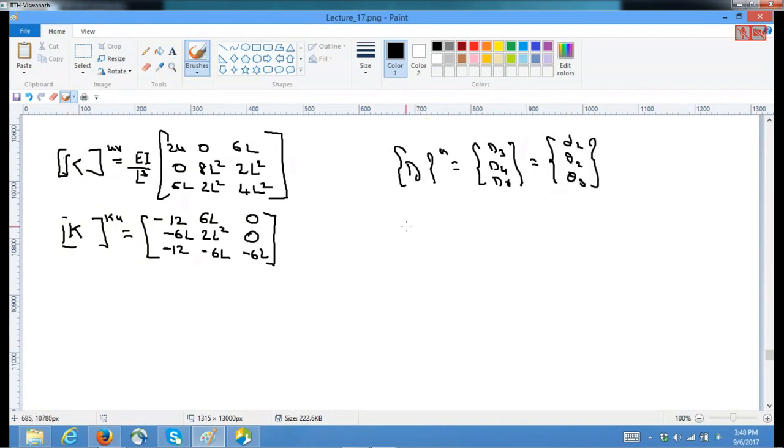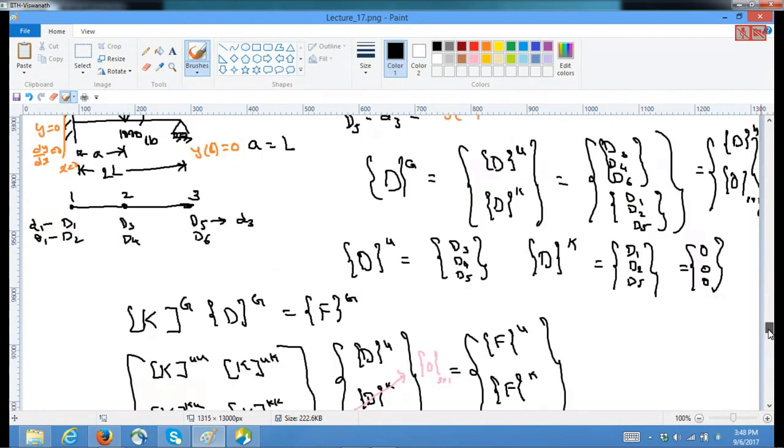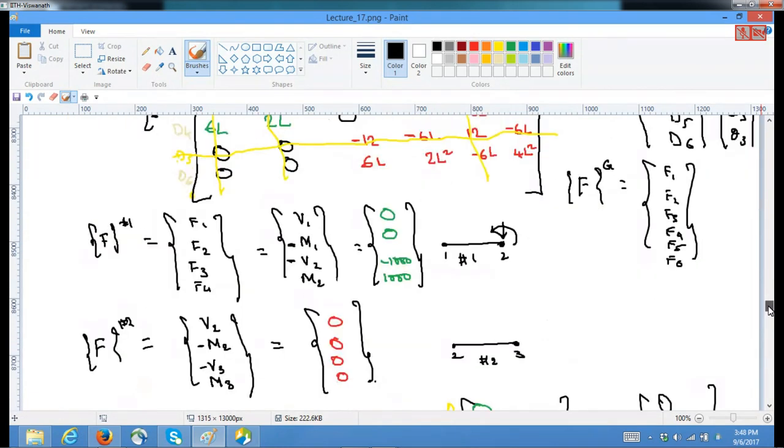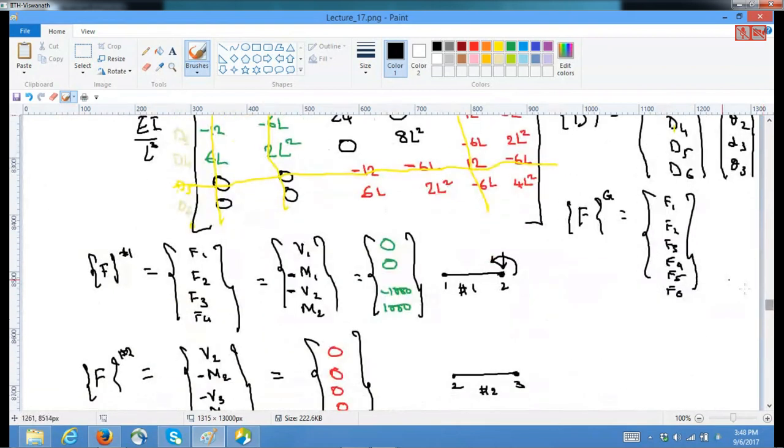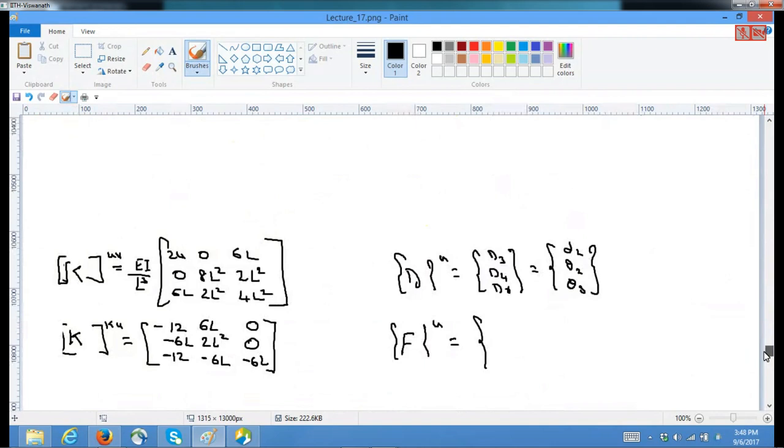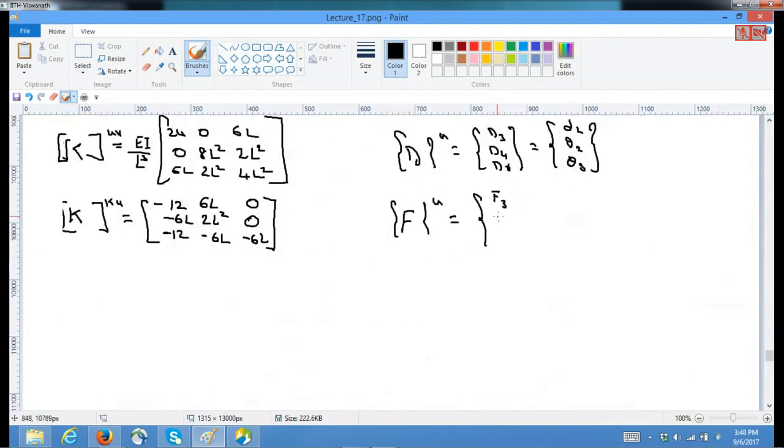Similarly, now we need to get FU from the FG, which is nothing but you go and strike off all the things that correspond to the known displacements. So F1 will be gone, F2 will be gone, F5 will be gone. You end up with F3, F4, and F6.